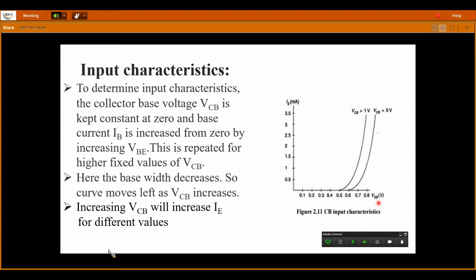The resistance is calculated by taking the change in the base voltage VEB with respect to the change in emitter current IE, which gives the input resistance of the common base configuration.